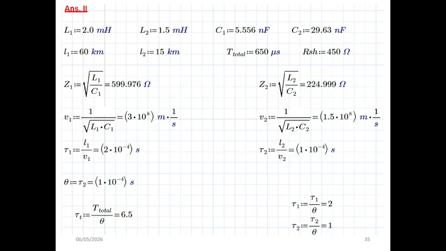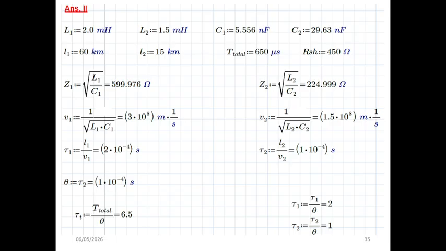So next, the wave propagation velocities can be computed based on the line parameters. We can use this formula to find the velocity. The results show that the traveling wave propagates faster in line 1. This is faster than this one, which directly affects the timing of reflections and transmissions.